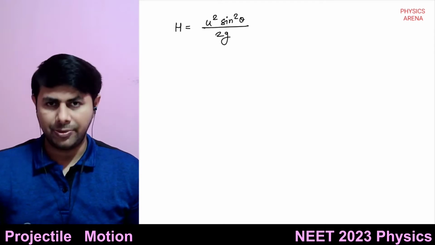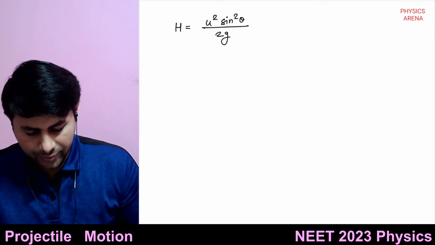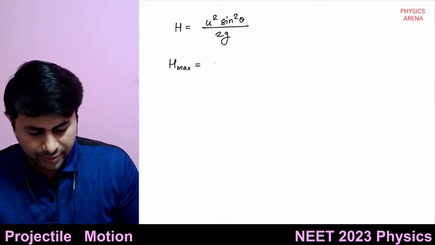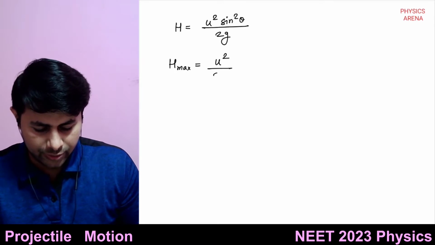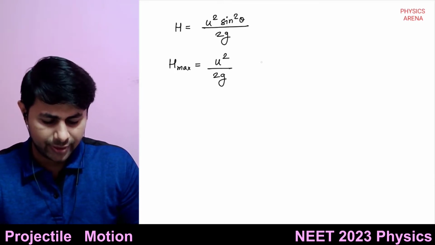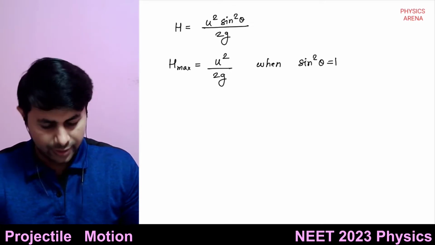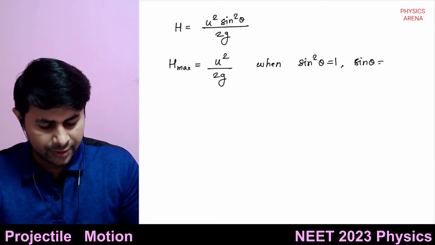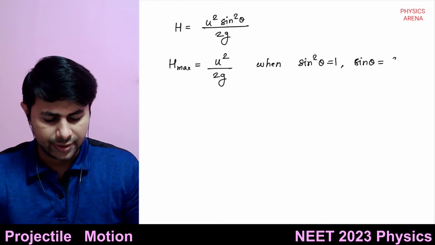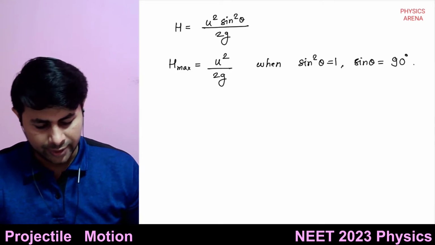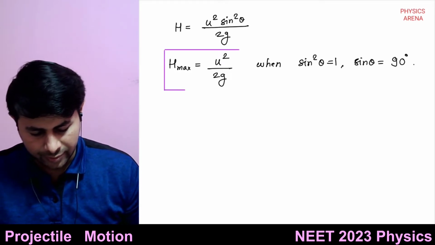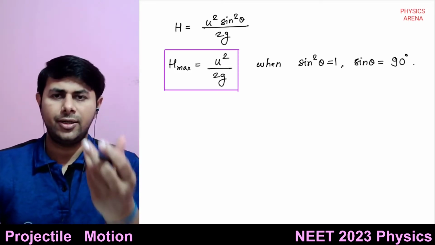So I can say h max, the maximum height, is u square upon 2g, and this will happen when sine square theta is equal to 1. That means sine of theta is equal to 1, so theta is 90 degrees. Okay, so the projectile goes till the maximum height when it is projected vertically upwards.